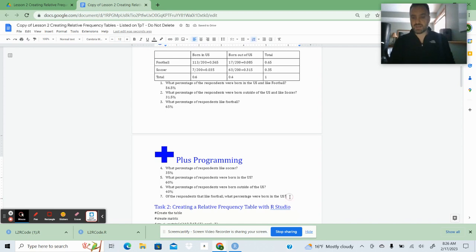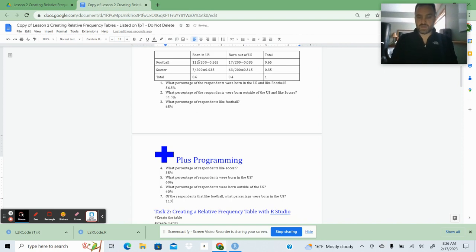Of the respondents that like football, what percent were born in the US? So remember here, of the people that liked football, so that is here, we have 113 people that like football in the US. So 113 out of, and then our total is just the people that like football.